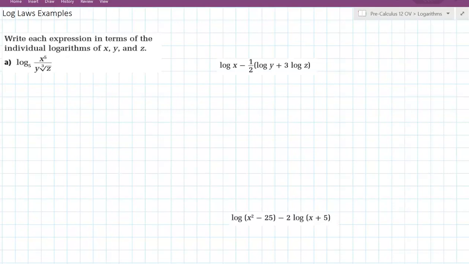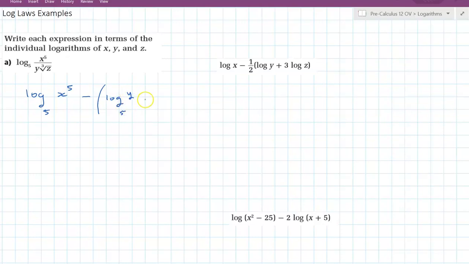So this is the division. When you start with this, you make sure that you follow the rules. First of all, x to the fifth is on top, but there's a division, so you have to do a minus, and then you open up the bracket because y and z are in the denominator. That means it's a division. So now you include minus, so this would be log of y base 5.